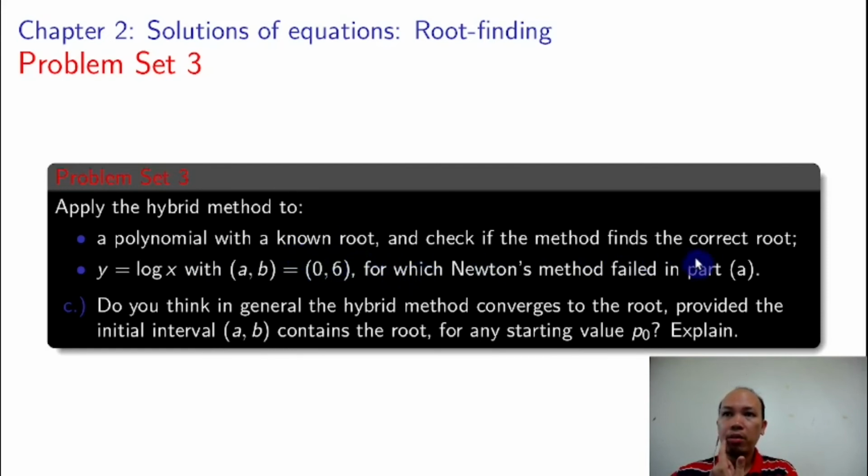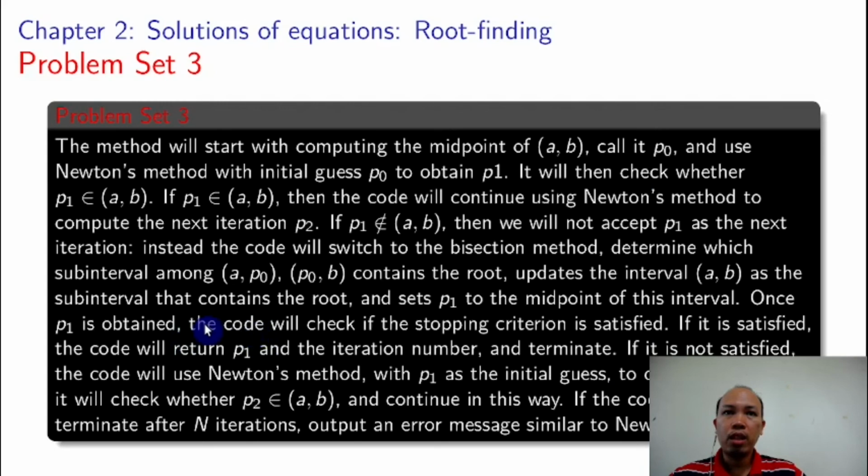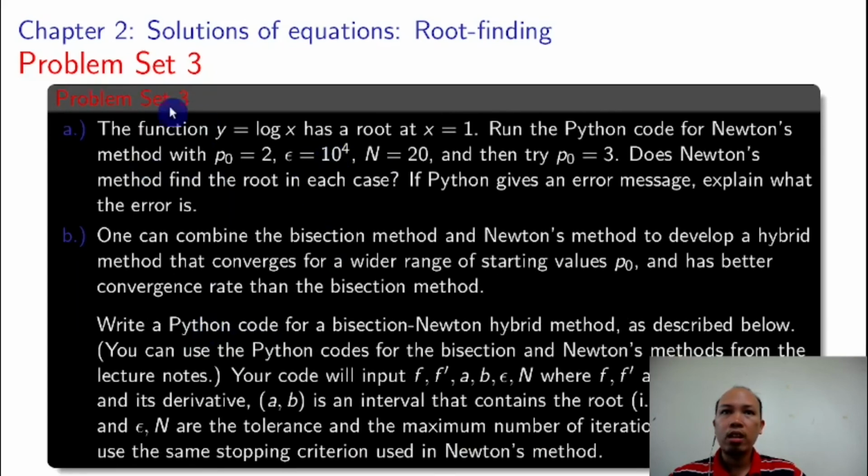And check if the method finds the correct root. And also apply it to y is equal to log x in part A with the interval 0, 6, for which Newton's method failed in part A. So you already have a guess in problem set 3A. Okay.